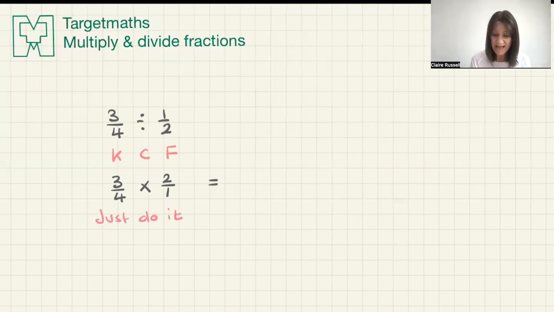So I've made it really simple for myself. So I'm going to end up with 6 over 4. Now, if we're having a go at our cancelling, I would cancel before I worry about the mixed numbers. So they're both even. So that's going to go to 3 over 2. And then how many 2s into 3? 1 with 1 left over. And that stays over the 2. All right. So that would be the answers for that one.